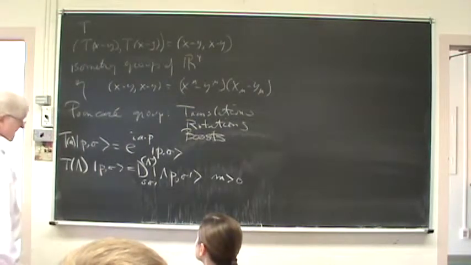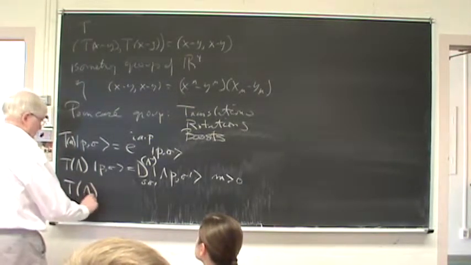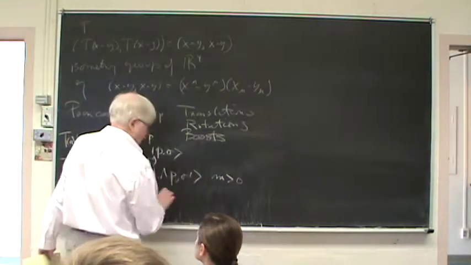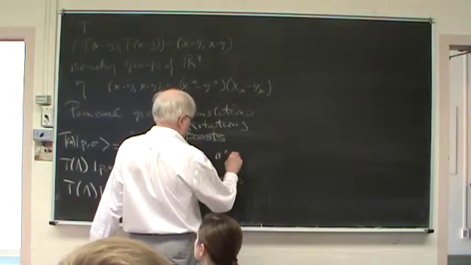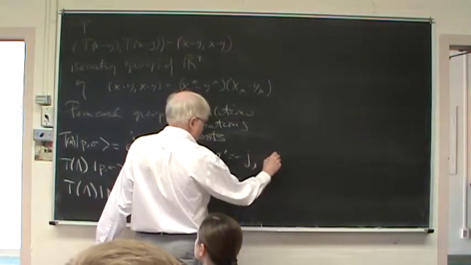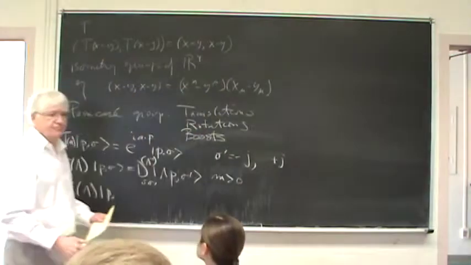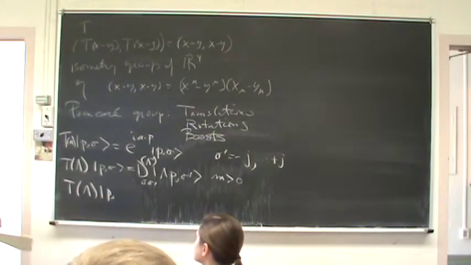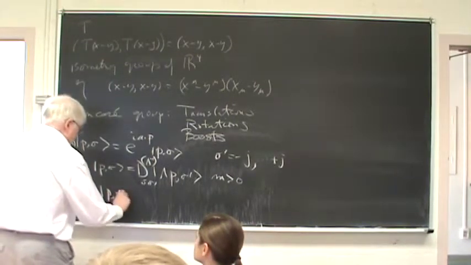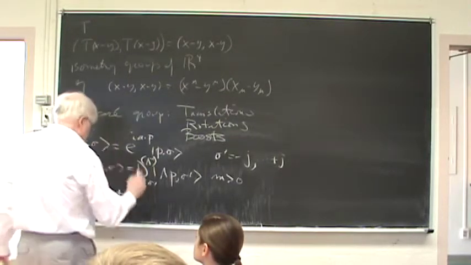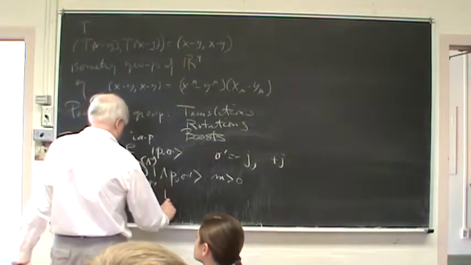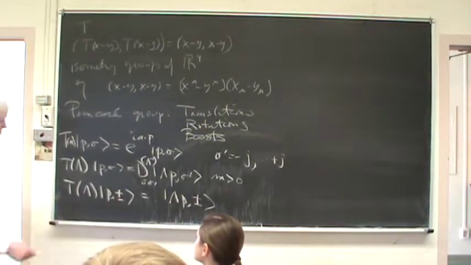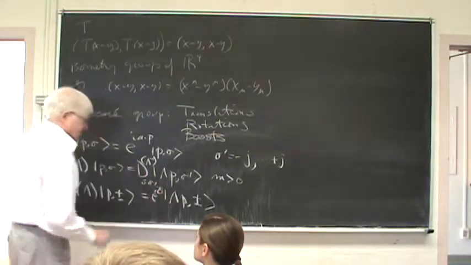On the other hand, if the mass is 0, then the representations are such that, oh, and I should say, the sum here goes, of course, from sigma prime equal to minus j up to plus j. So these are just the quantum mechanical z components of the spin, if you want. On the other hand, if you're massless, then the thing just goes to lambda p, plus or minus, apart from a phase, so I'll just write e to the i theta, and I can say what theta is.